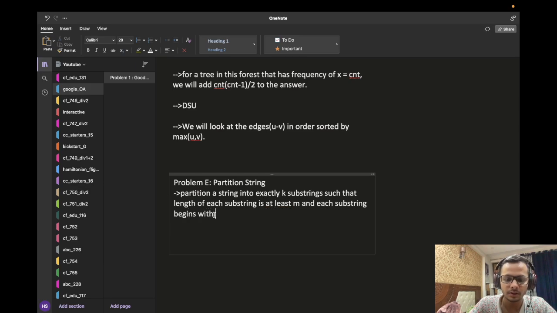So each substring begins with an even number and ends at an odd number, right? These are the only two requirements that we have.